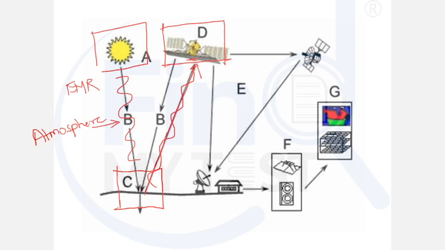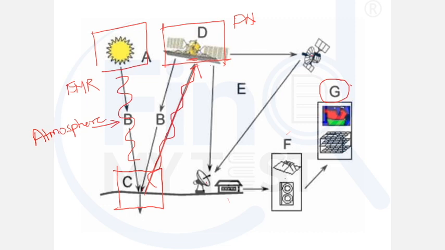The sensor senses this electromagnetic energy emitted by the Earth or reflected by the Earth's surface. This sensed energy is then converted into DN values, digital numbers, or a numeric value, and this value is sent to the ground station. This is sent to the ground station or another satellite, and this is then converted to images, and any application is made based on these images.